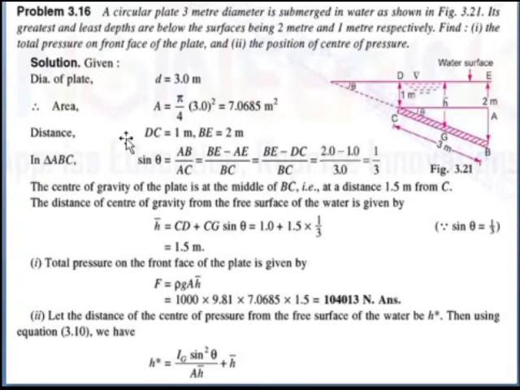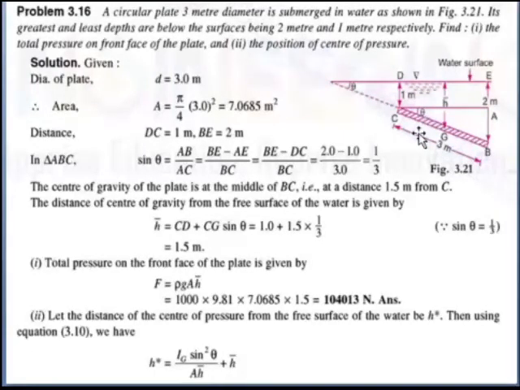Then in triangle ABC, the value of BC is 3 meter. The center of gravity of the plate is at the middle of BC, that is at a distance 1.5 from the C. From here to here the distance is 1.5.